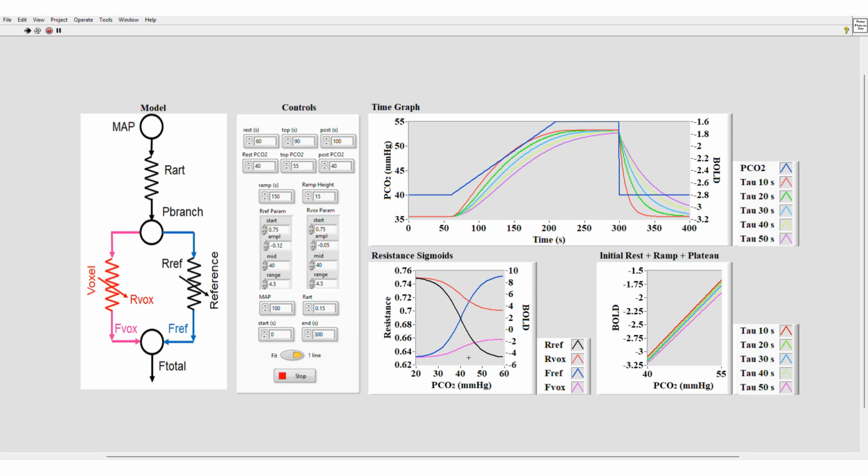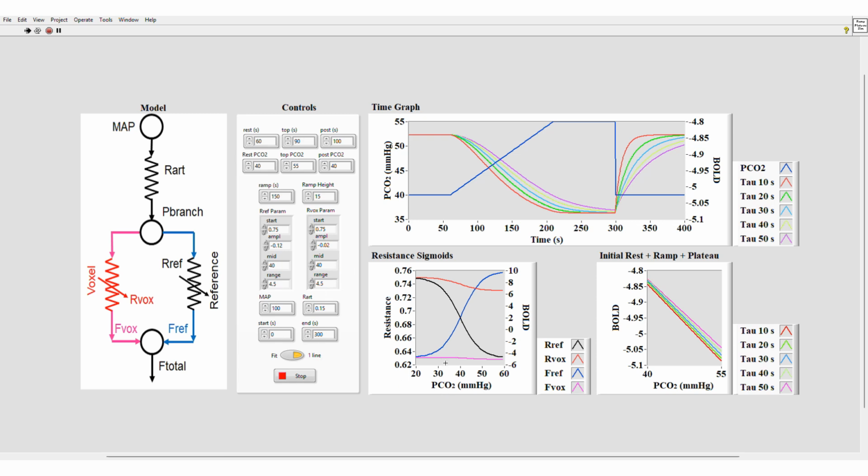Still positive here. And the time course shows a type A positive response, with the regression fits also showing a positive CVR.